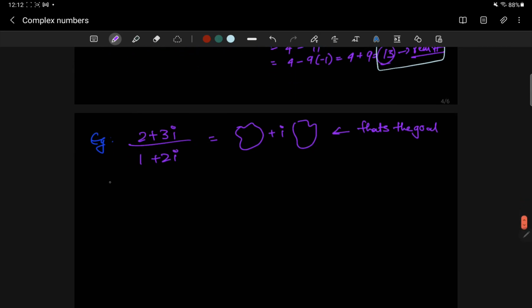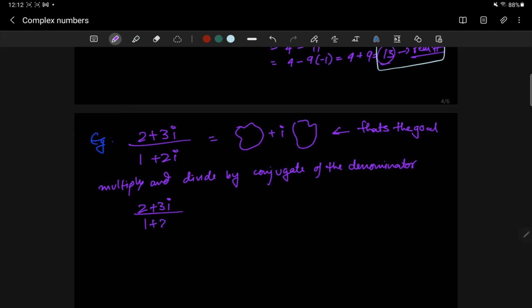So what we're going to do is we're going to multiply and divide by the conjugate of the denominator. Okay, so 2 plus 3i over 1 plus 2i, multiply, conjugate of the denominator is 1 minus 2i, and 1 minus 2i.